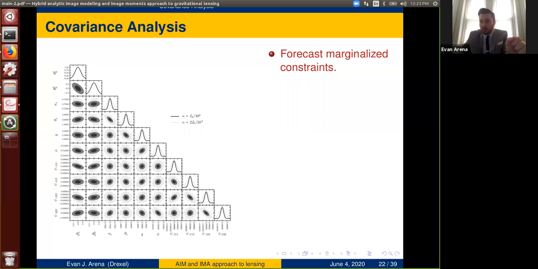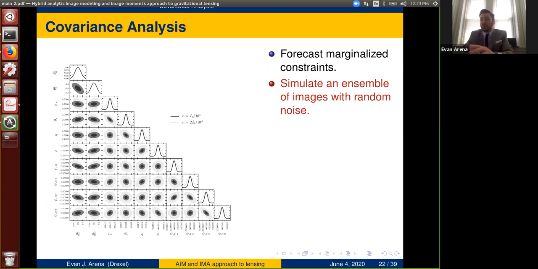What I did here was simulate an ensemble of 1,000 galaxy images. These images are copies of each other. They have the exact same parameter space in each, except for the centroid, which I dither within 1 pixel. But they also have the same flat noise map added to them. The only difference between these images is the randomization on top of the noise maps.